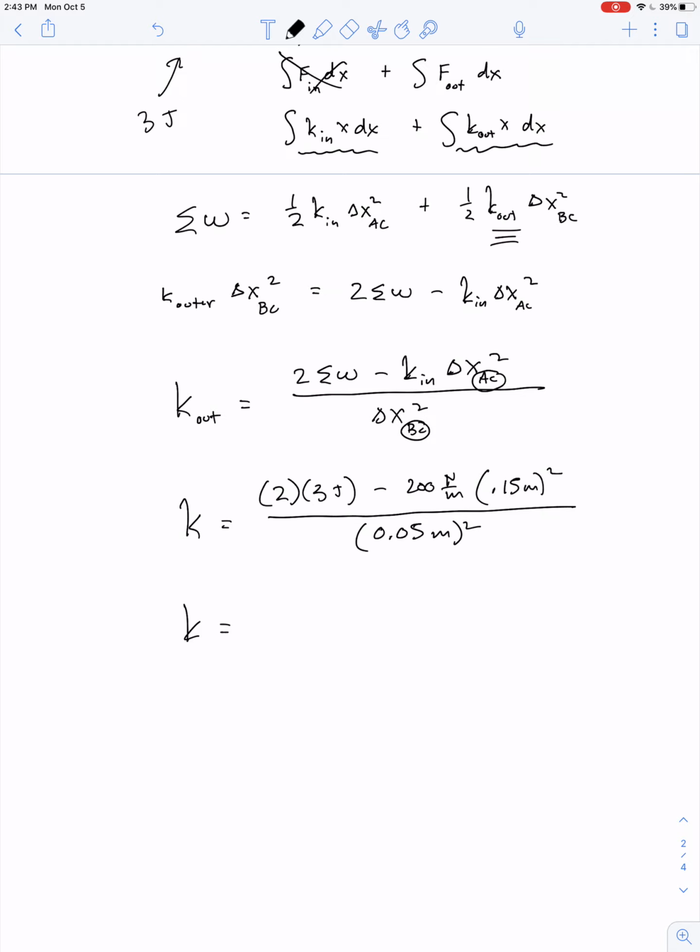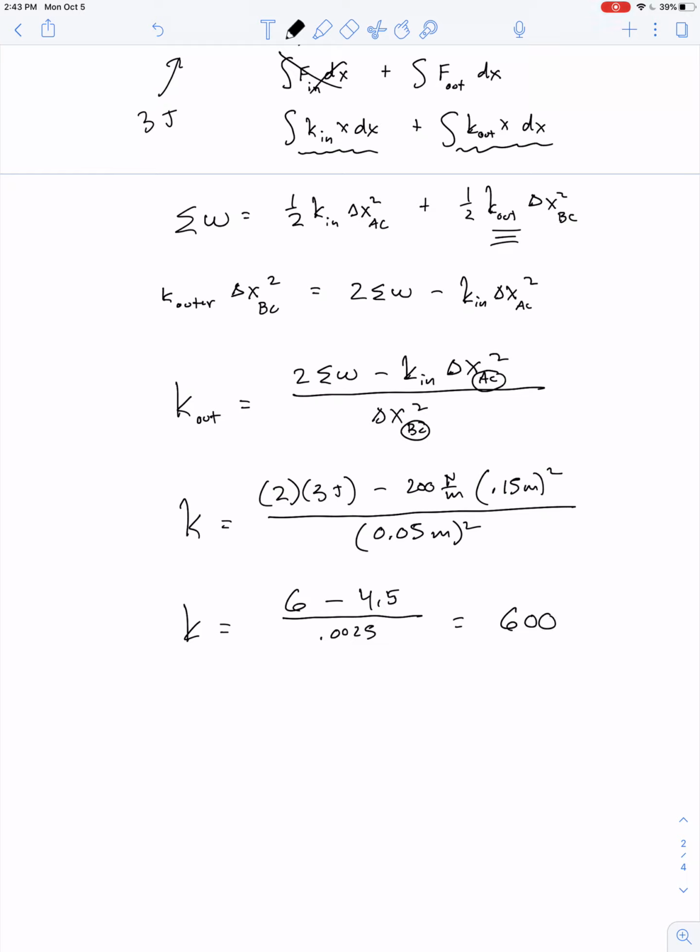So our k value is equal to 6 minus, grab a calculator, see if you get the same values I get. Six minus 4.5, all divided by 0.0025. Which comes out to 600.